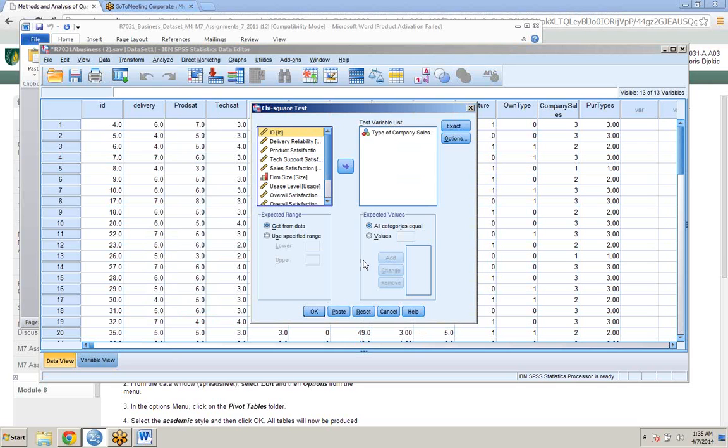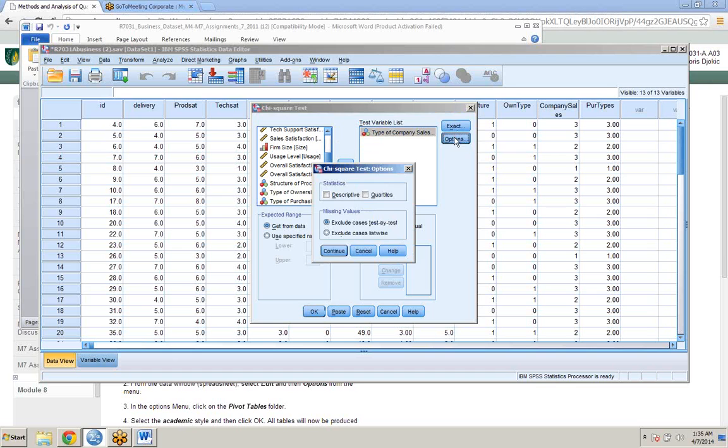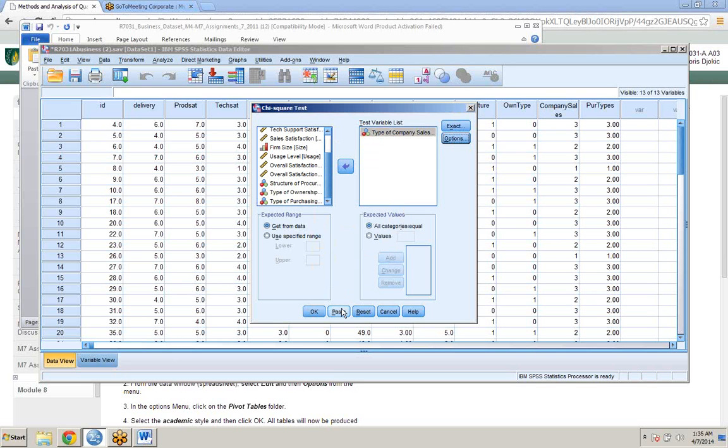All we need is to find the variable that we need to include. I'm going to remove everything I have done before. So we need to find the test variable list, and it tells us company sales as the variable with all categories equal. All categories equal is already selected. We don't have to worry at this particular point. Then we have type of company sales here, so we can just move it to the test variable list. And we don't need to worry about anything else. We can just click OK.